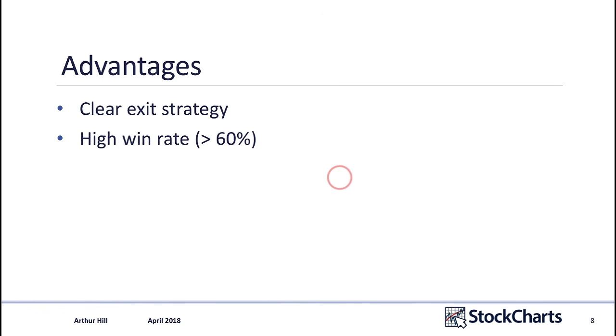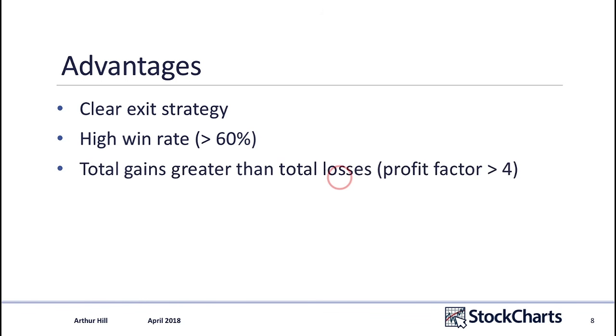Mean reversion systems typically have a high win rate, greater than 60%. And the shorter the mean reversion time, like if you're trading an RSI 2 strategy, the higher your win rate's going to be, but also your gains are going to be quite small. The total gains are greater than the total losses, and that's what makes the system profitable. And typically from these mean reversion systems, we can get a profit factor greater than 4. That is the total gains divided by the total dollar losses.